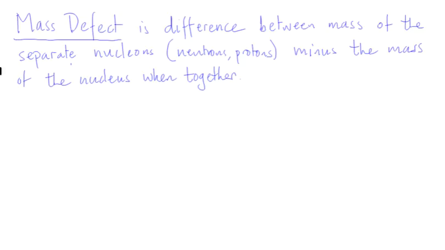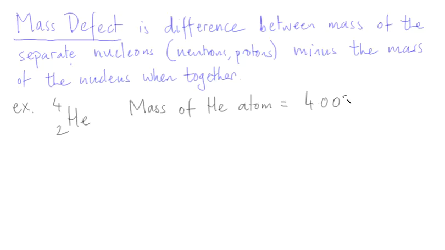So let's do a quick worked example for this. Take helium, which has 2 protons and 2 neutrons. So the mass of the helium atom is, now we're working in unified atomic units, u, 4.0026 u. Now this is the mass of the atom, atomic mass, but we're working with nuclear mass.